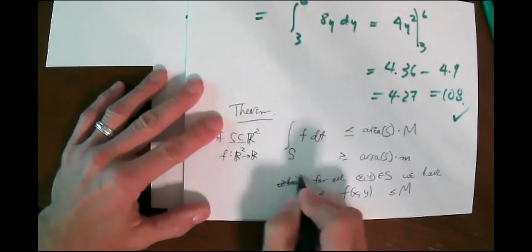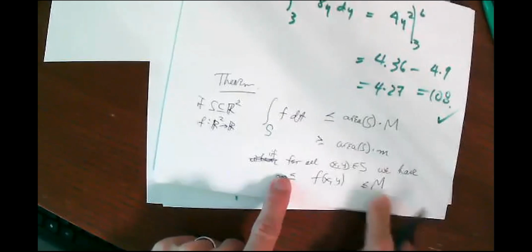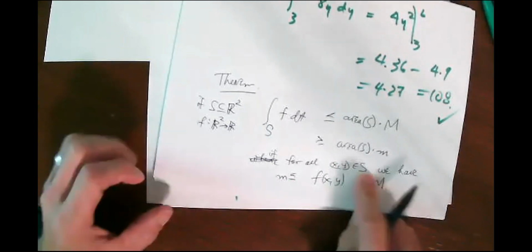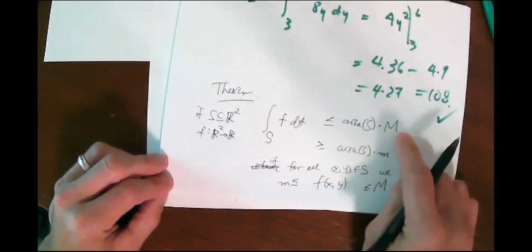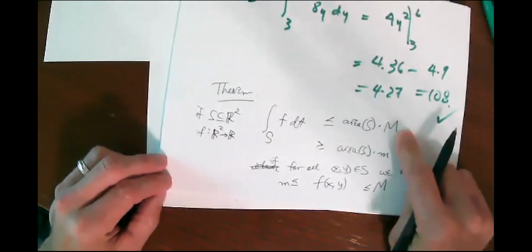How about f? So these are the properties that little m and capital M are supposed to have. Typically, they would be the minimum and maximum values that the function f attains on the set S. So in my case, the area was 6, and I found that the minimum value of the function would be 0, and the maximum value was, I think, 48.